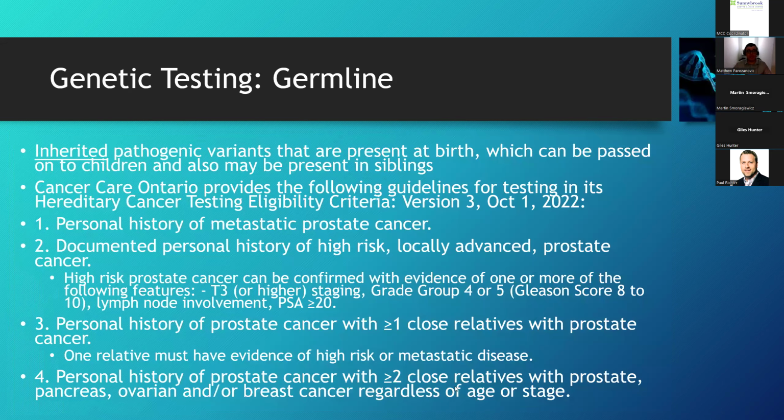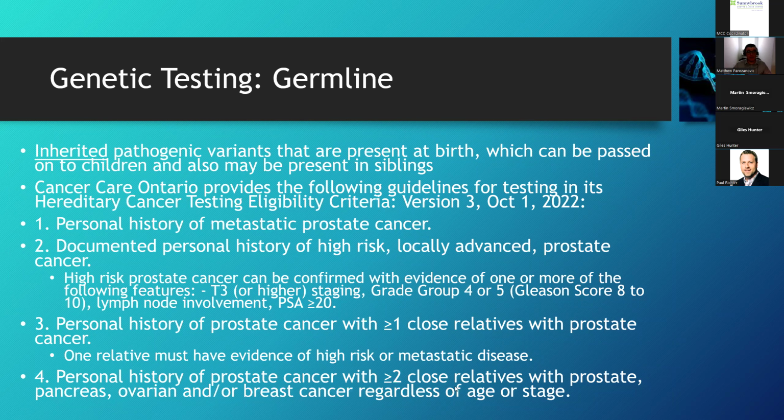Now, genetic testing has definitely ramped up in the last 2 years, I'd say, at our center. In terms of germline, this is the inherited pathogenic variant that is present at birth, which can be passed on to children and also be present in the patient's siblings. CCO does provide detailed guidelines for who qualifies for hereditary cancer testing in prostate.